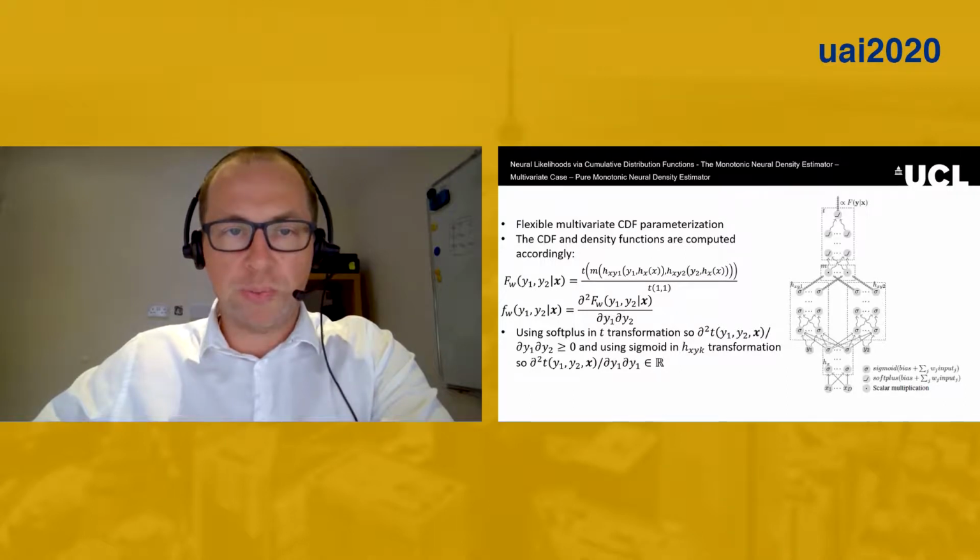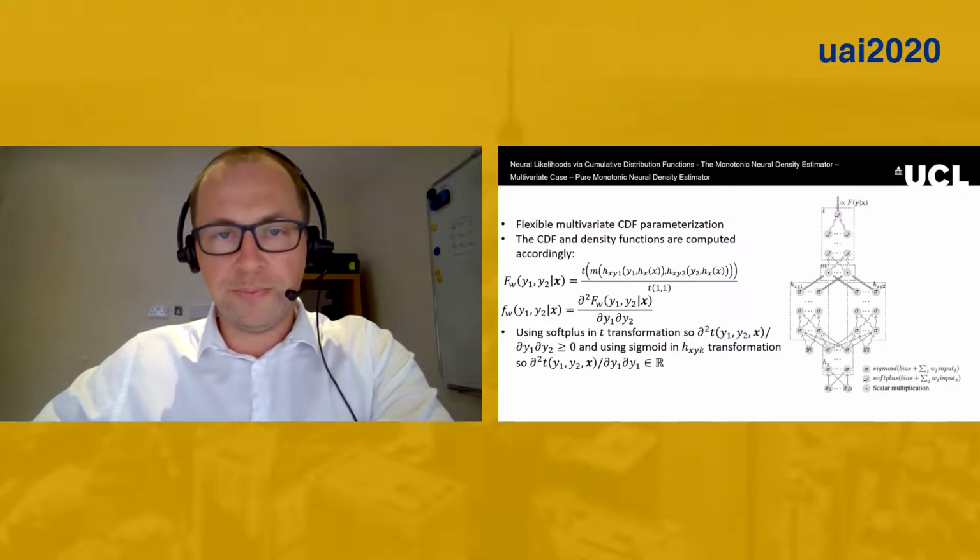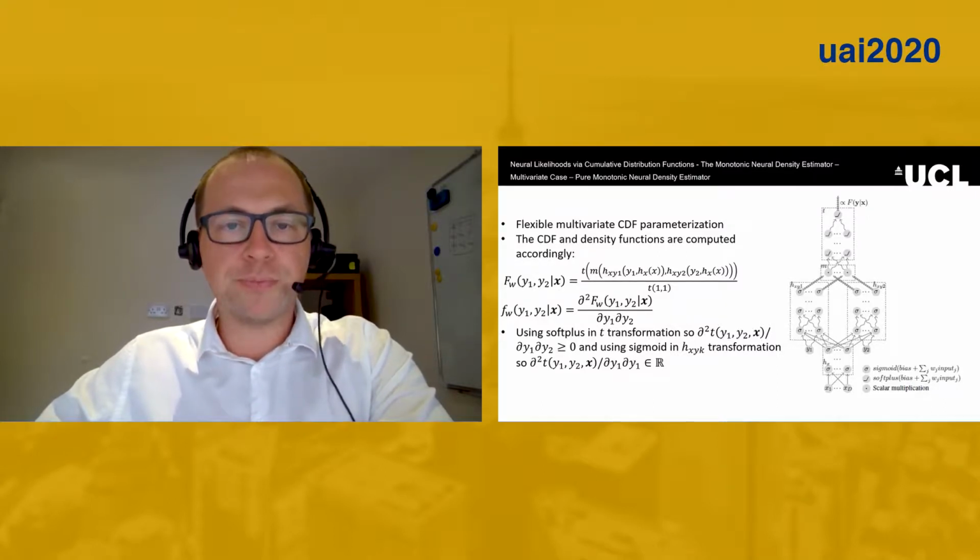In this model, hidden units use softplus if they have more than one response variable ancestor and sigmoid otherwise, to guarantee that mixed derivatives are greater than or equal to 0. The density is then computed from the transformations as shown in the equation. By plugging in 1 as input of the T transformation, we normalize the output to represent a valid CDF.